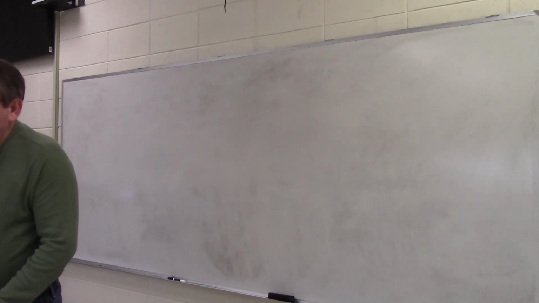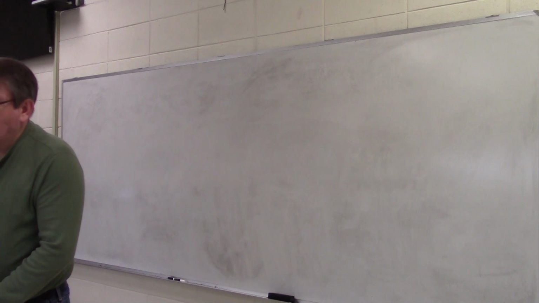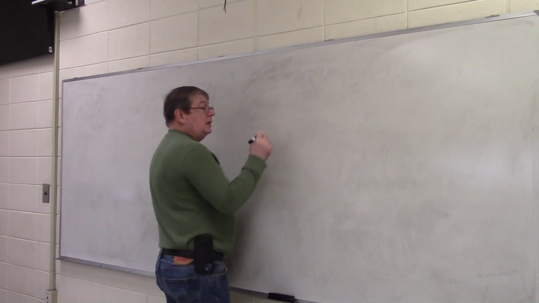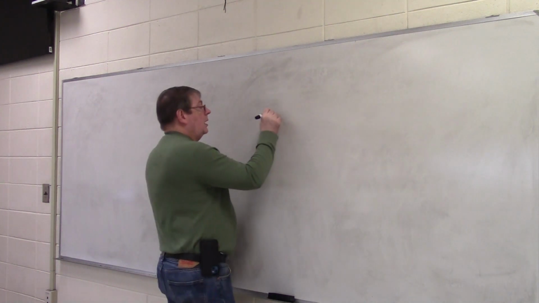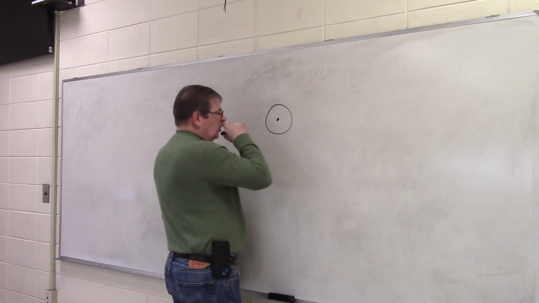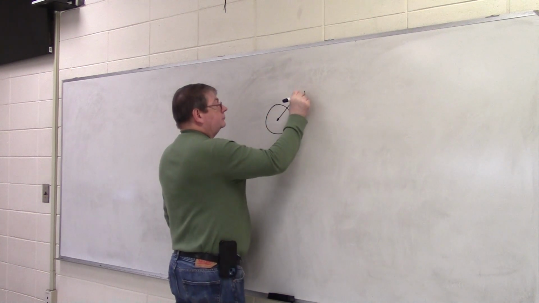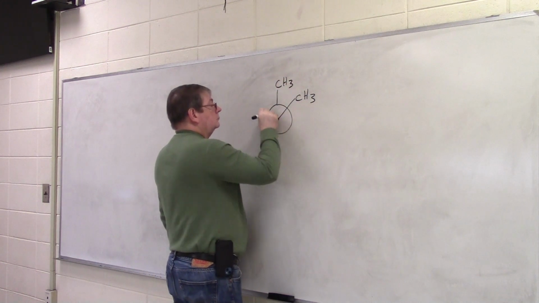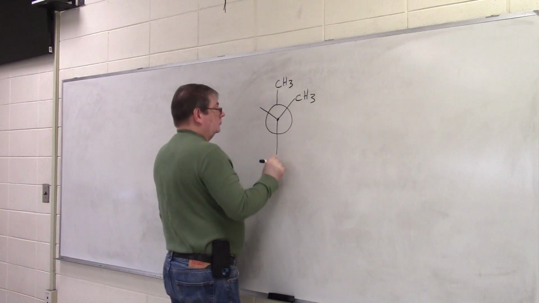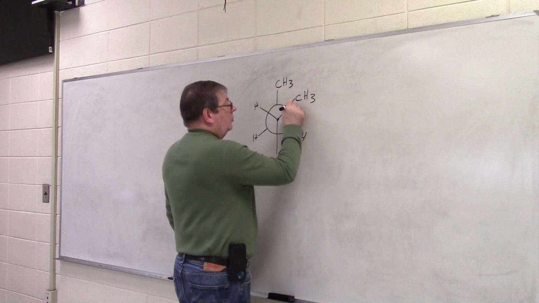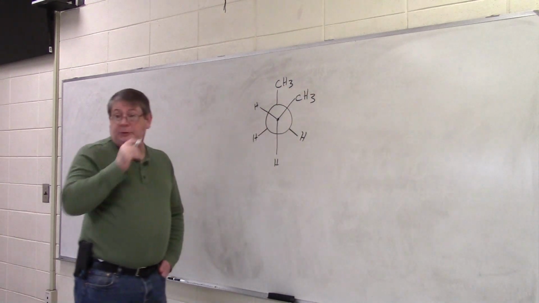I know we didn't really talk about it in class, but could you explain how strain works in terms of Newman projections and staggered and eclipsed conformations? Yeah, so we did talk a little bit about it, right? We talked about the fact that if I have a molecule, we all agree that a methyl group is bigger than a hydrogen?